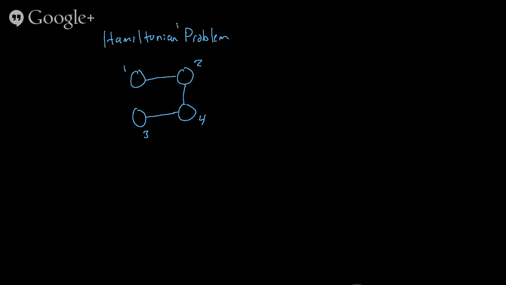This, by the way, is the Hamiltonian cycle problem. Okay? And so, it's very obvious, I hope, that this does not contain a Hamiltonian cycle. Now, how can we take this graph and use it to create a traveling salesman problem in such a way that we can answer the Hamiltonian cycle problem?